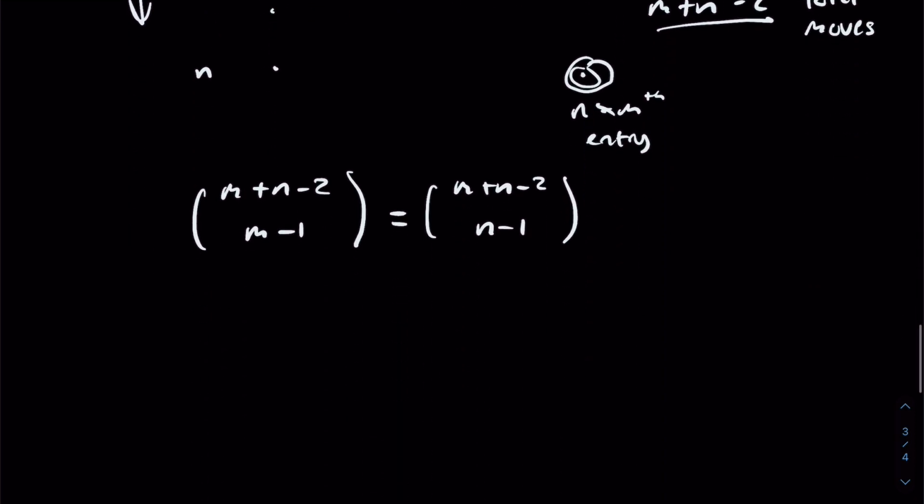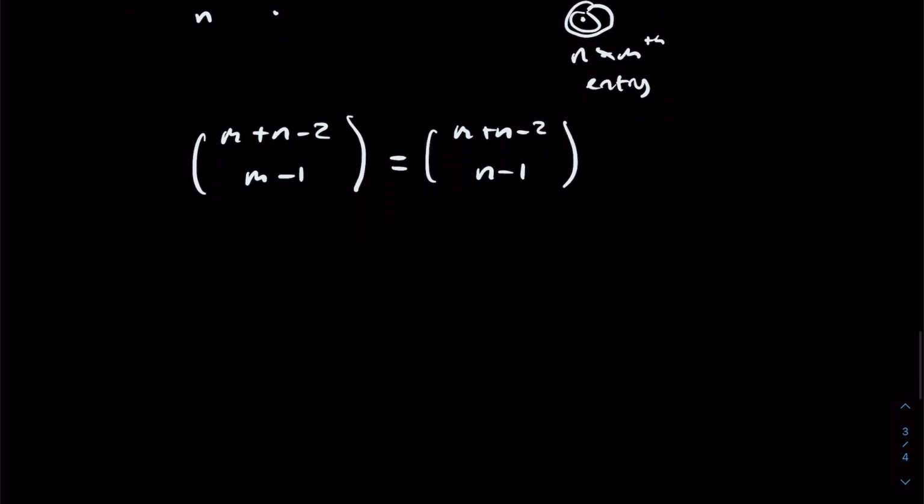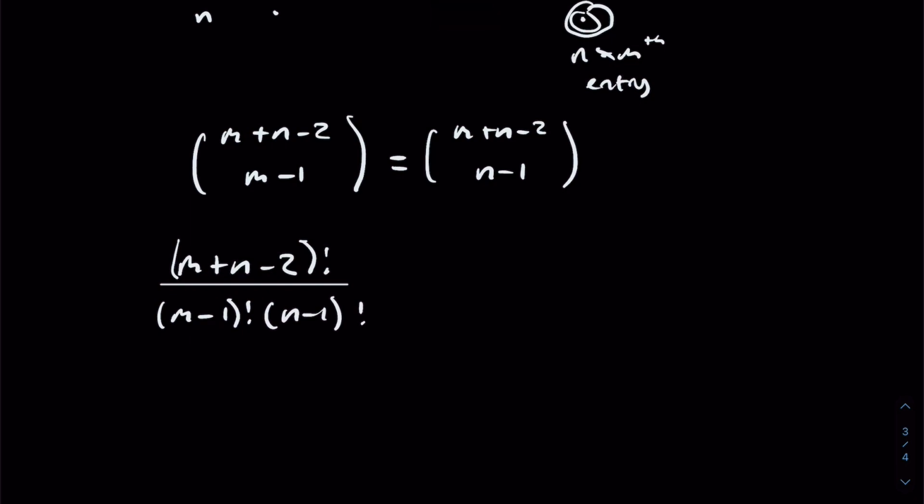And before we wrap this problem up, I would like to prove that these two expressions are indeed equivalent. So we can start by doing m plus n minus 2 factorial divided by m minus 1 factorial, and the second term in this denominator is this one minus that one factorial, and that's n minus 1 factorial.